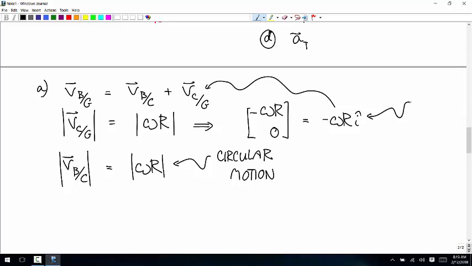Okay, so this is from rolling without slipping. This one is circular motion about a fixed center.